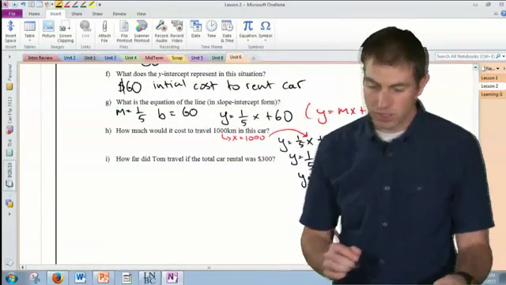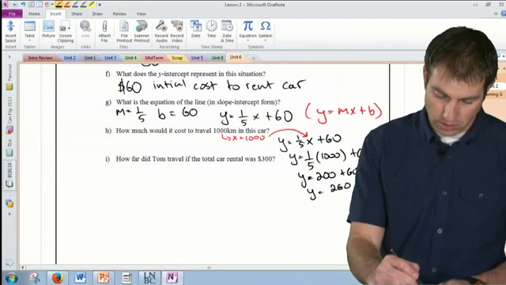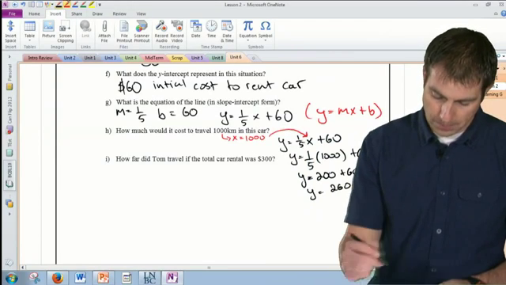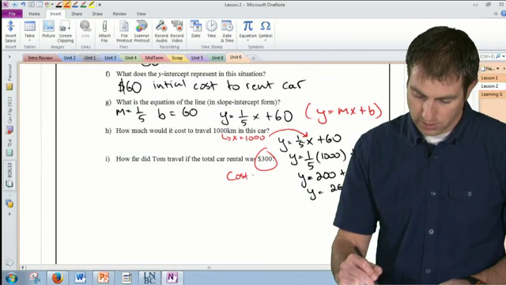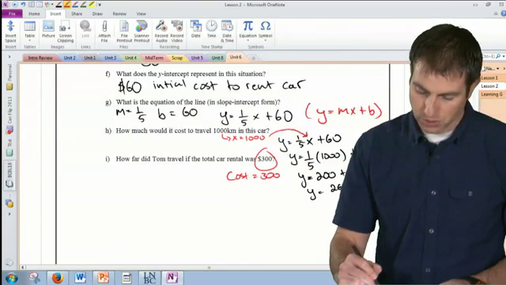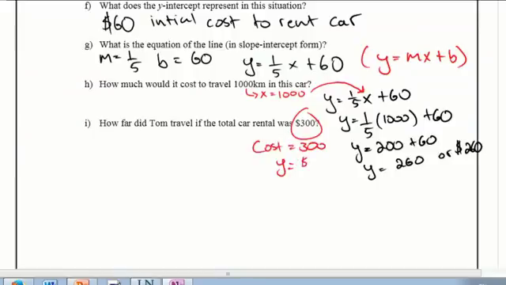The last part of the question says the cost was $300. So this is saying the cost, which we're calling y, is 300. So if we take our equation again, y is mx plus b. Our equation now is y is 1 over 5x plus 60.